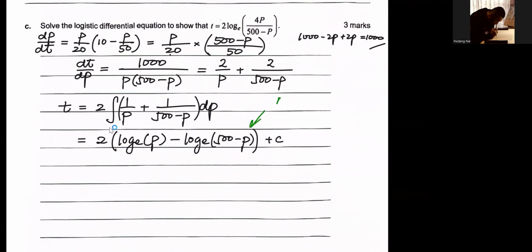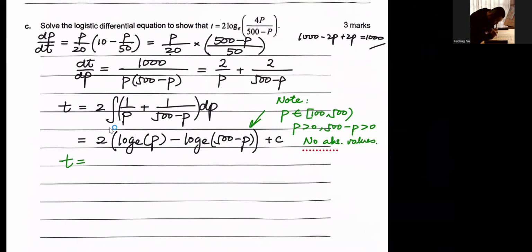Notice that P is between 100 to 500. So P is greater than 0, and 500 minus P is also greater than 0. We don't need to put absolute values. Okay.